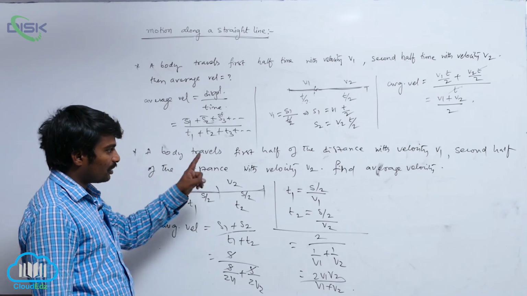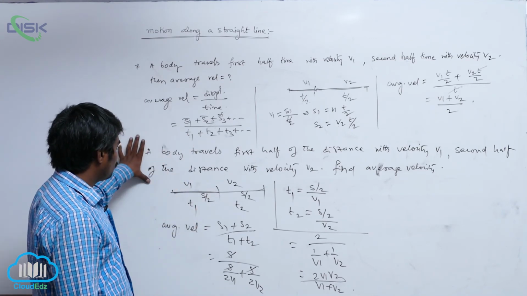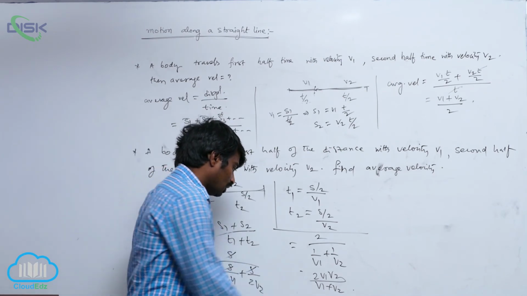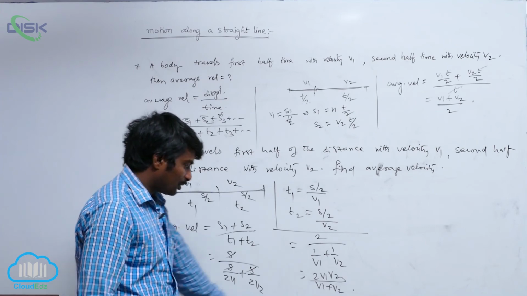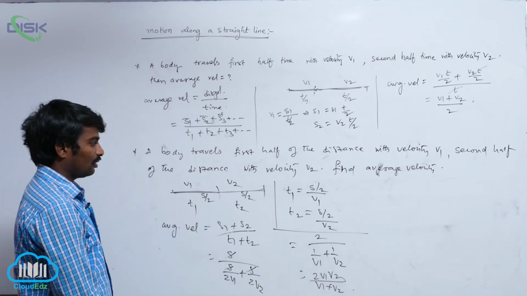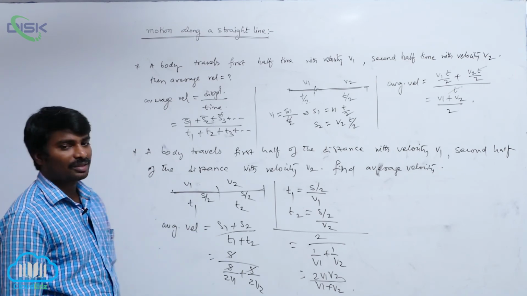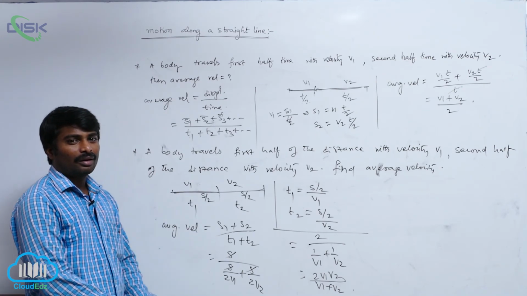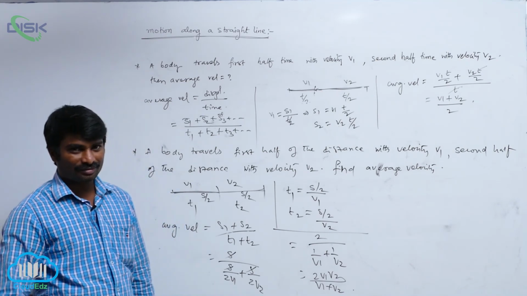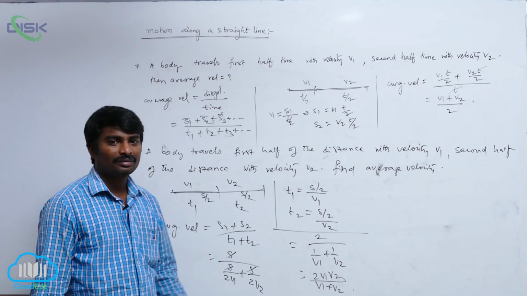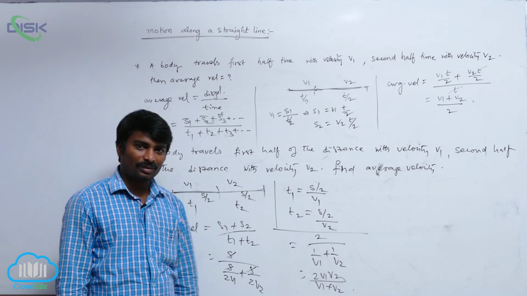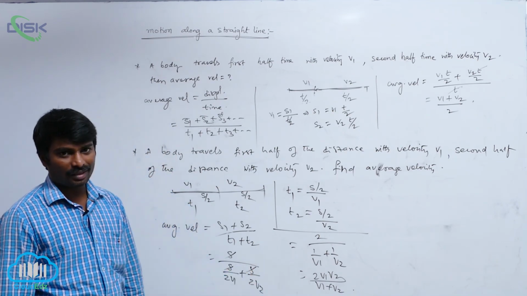Unless you remember the situation, you shouldn't try to remember the formula. I have observed most students remember the formula but forget the situation under which it is correct. That's why my only suggestion is never go for remembering shortcuts; just take the problem and solve it. Within seconds you are going to get the answer.